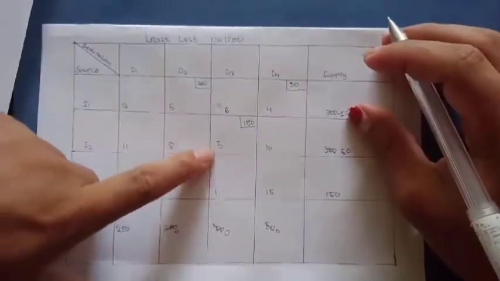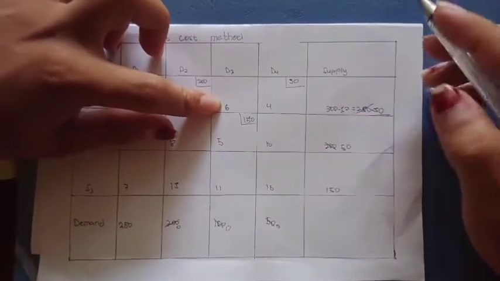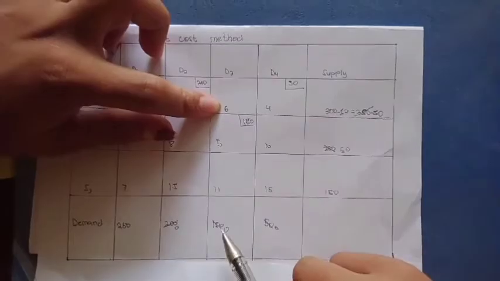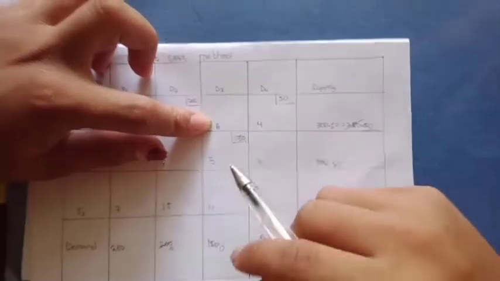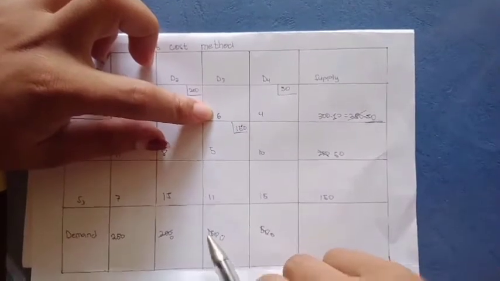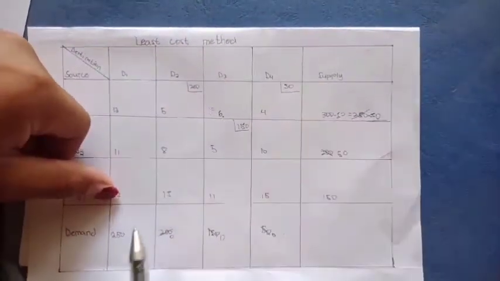Next is 6, so this column will be satisfied, so we need to move to the number 7.